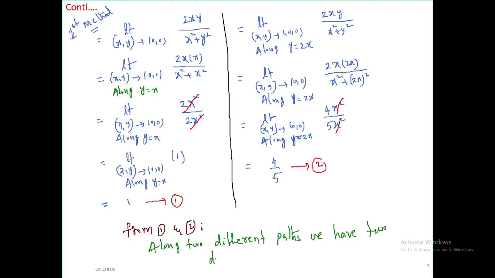Okay, two different limits. So therefore the limit does not exist. So this is the final comment, the limit does not exist for this problem. So this is the first method. And the same thing you can do like this also.